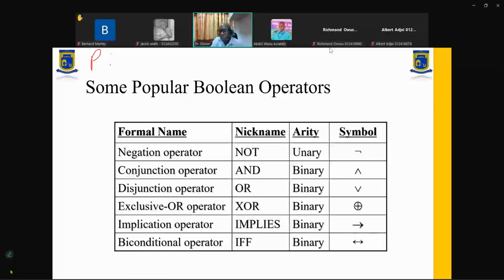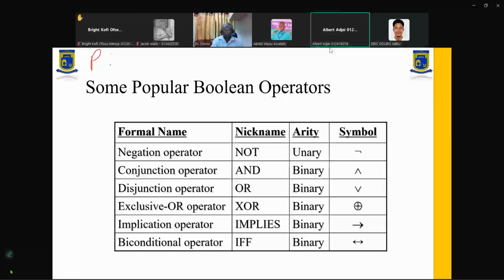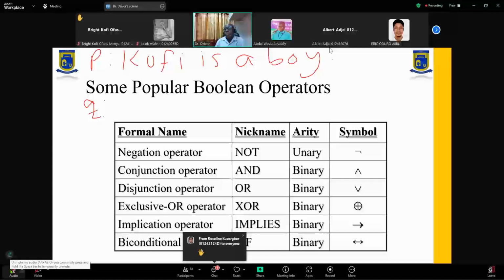Who is going to give one? Kofi is a girl, and Amma is a boy. That is one statement. Now, I just want one simple statement from a lady, and another simple statement from a guy. Don't combine those.